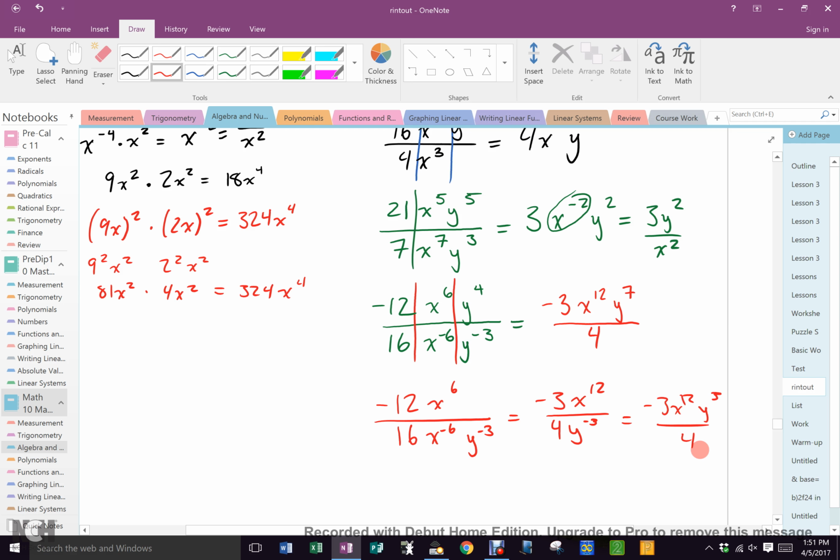What isn't allowed? Negative what? Exponents only. Is this okay? Why? Because it's not an exponent. It's a base.